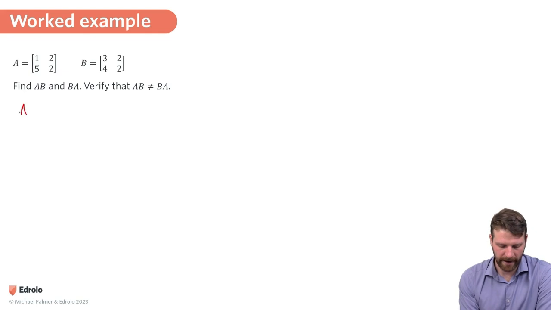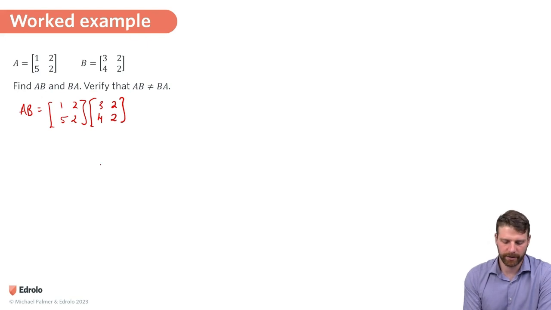So, okay, AB is going to be that matrix 1, 2, 5, 2 times B, which is 3, 4, 2, 2. My resulting matrix is going to be a 2 by 2. I'm going to have to go across this row and down this column.